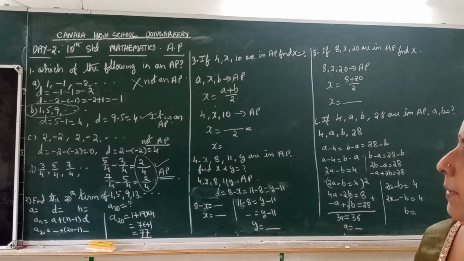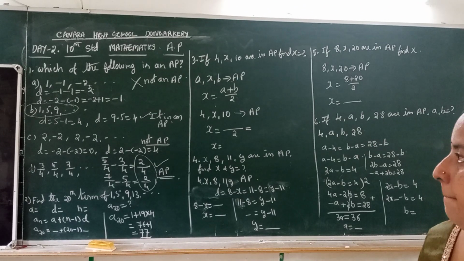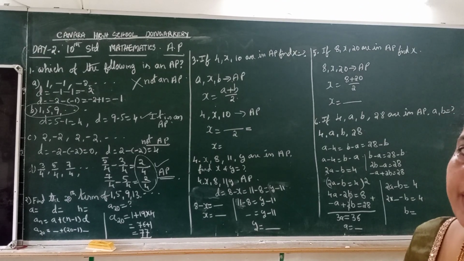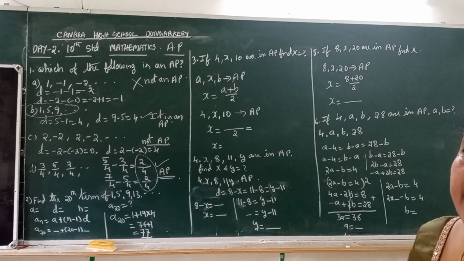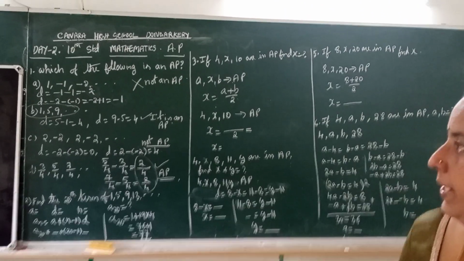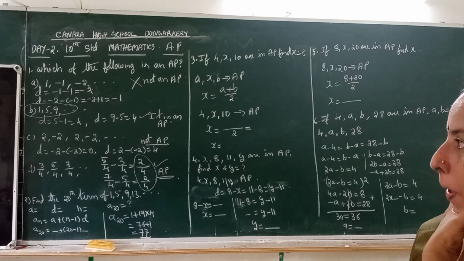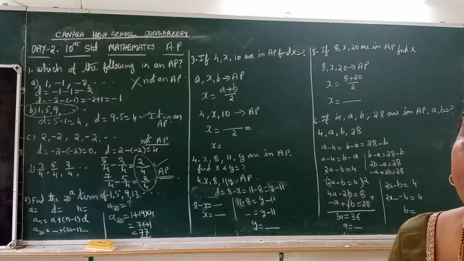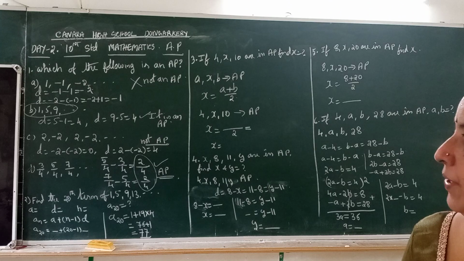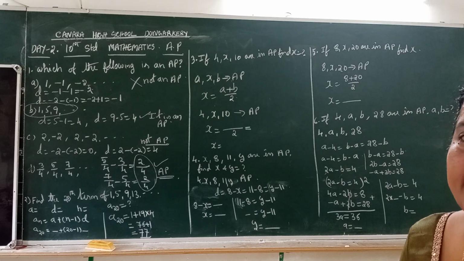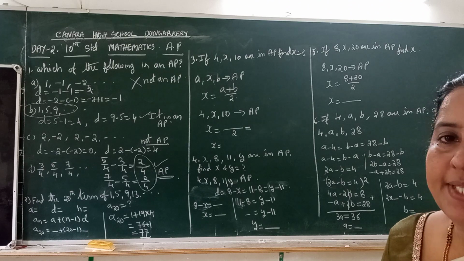Therefore 1, -1, -2 is not an AP. Second question, 1, 5, 9. Second term minus first term, 5 minus 1 is equal to 4. Third term minus second term, 9 minus 5 is equal to 4. In both the cases, common difference is same. Therefore, it is an AP.